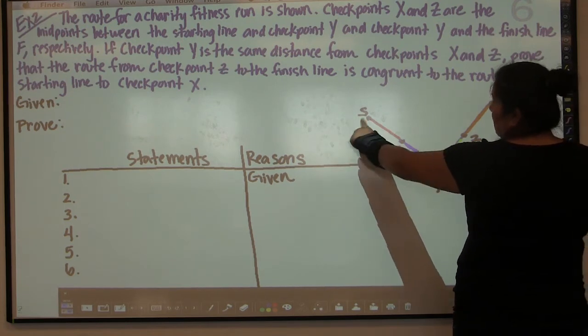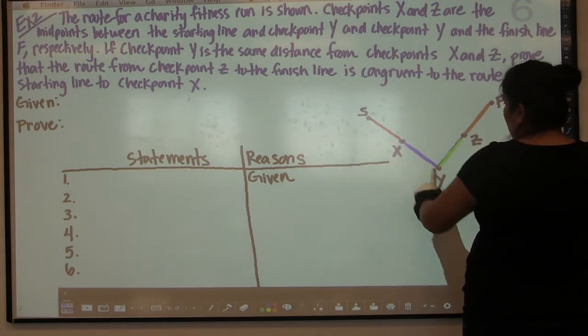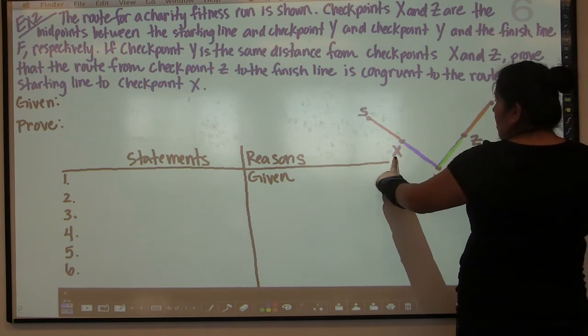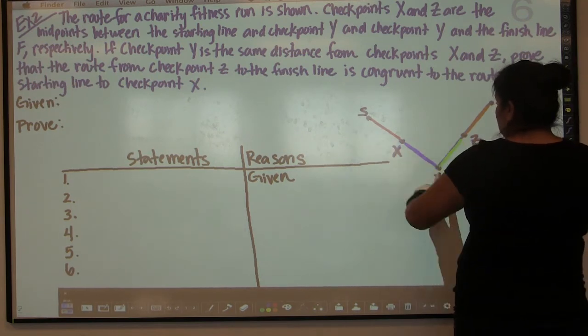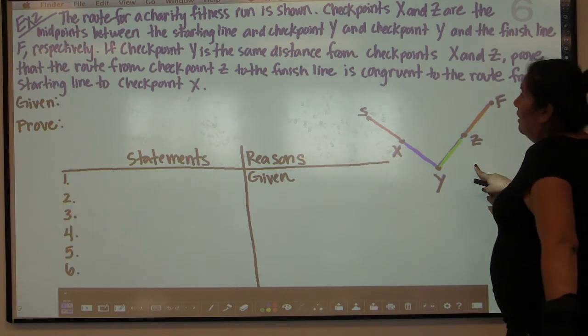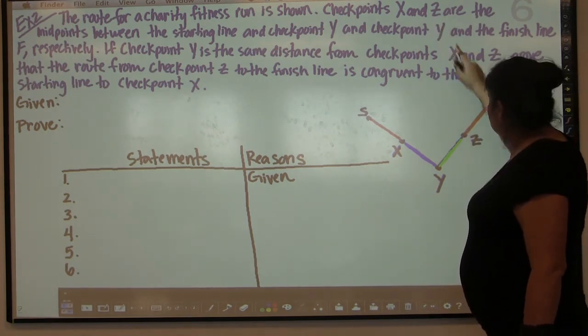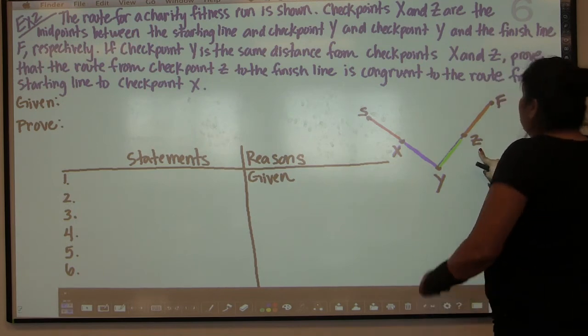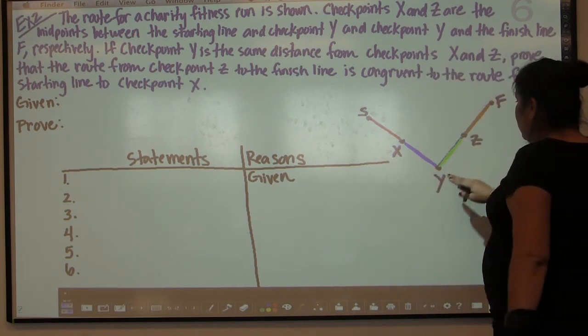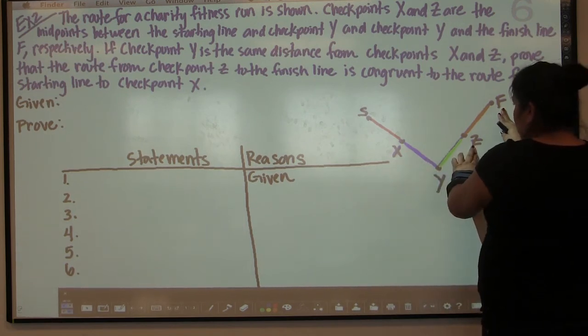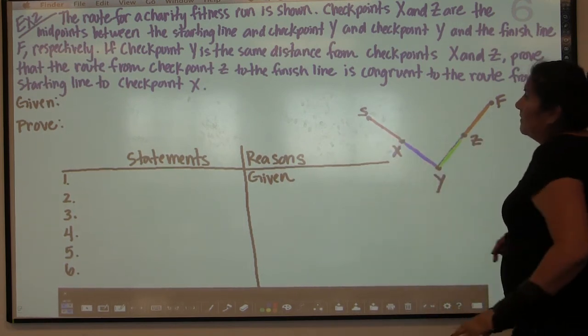Between the starting line, which is here, and checkpoint Y, which is here. So X is the midpoint of S and Y. Z is also a midpoint between checkpoint Y and the finish line. So basically, X and Z are midpoints of their respective segments.